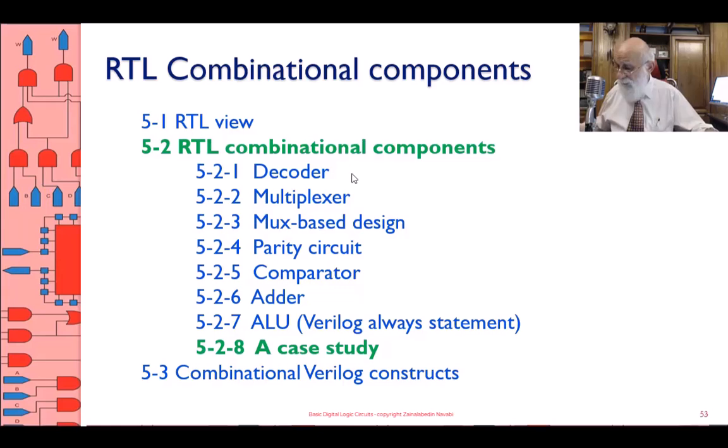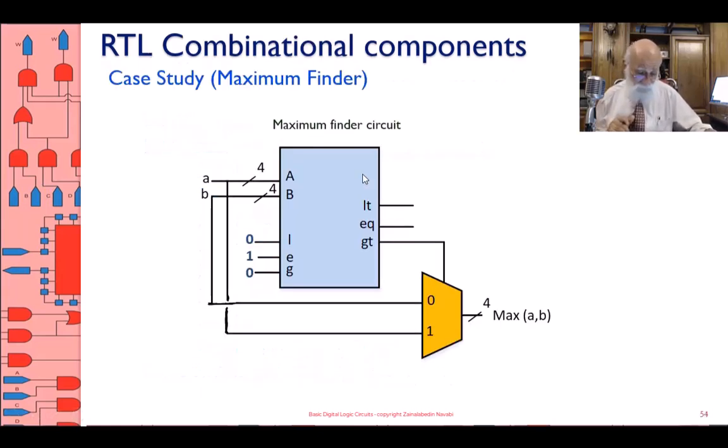I look at it as a case study. It's really a very small example. The circuit is maximum finder. I'm using, remember the comparator, the cascadable comparator. And that cascadable comparator has three outputs.